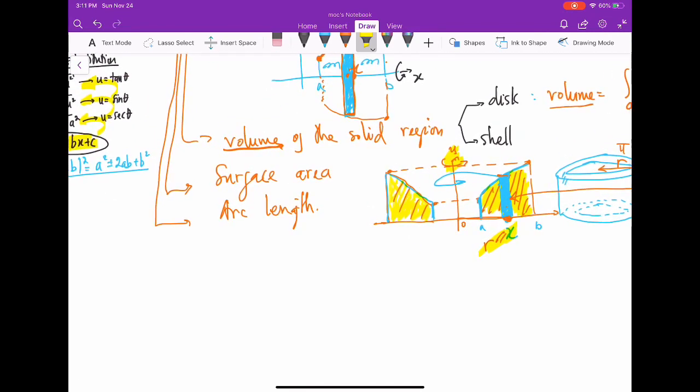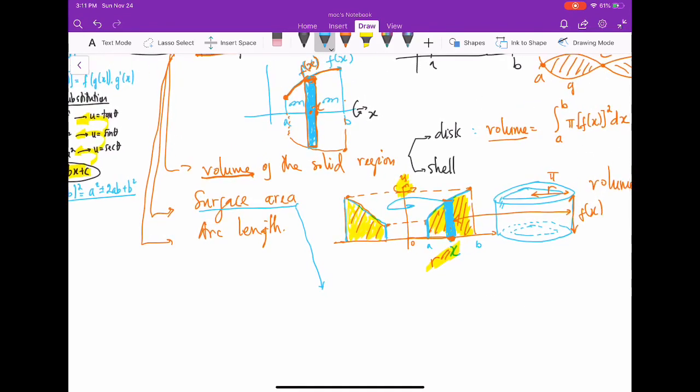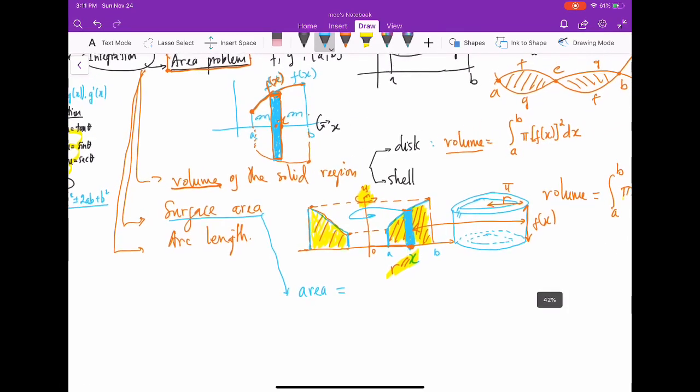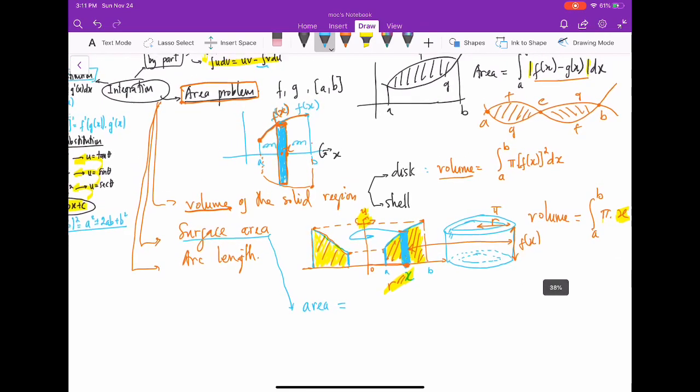So we can use the same idea to find formulas of the surface area and then the arc length, right? Okay, let's talk about that. The surface area. So for the surface area, let me just remind you the formula, okay? I hope that I remember that formula, but in case I do it wrong, I will do a correction.